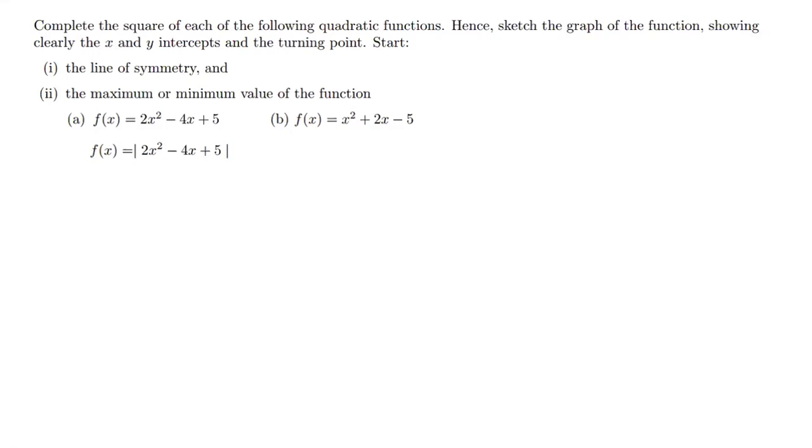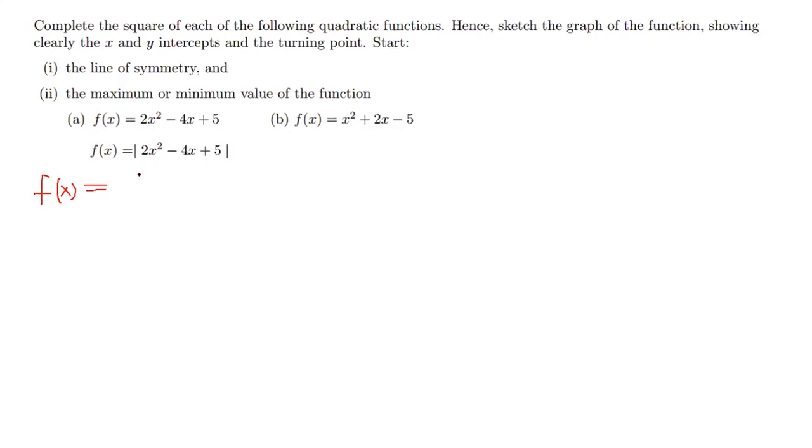Okay, so we begin. Here, they have told us to complete the square of this function. So how do we do that? So we have our f of x, in that manner. Then we have 2x squared minus 4x, and then plus 5.